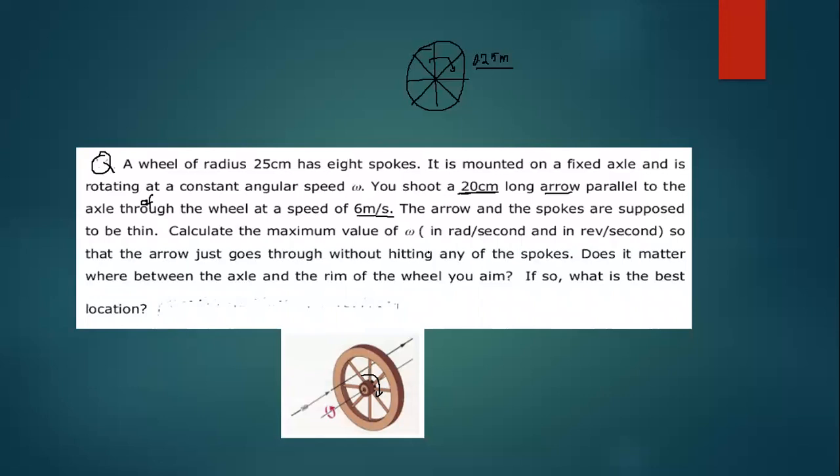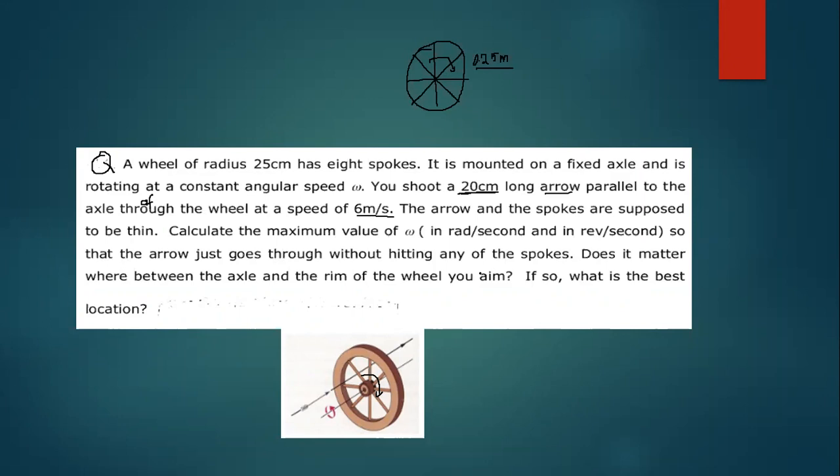Calculate the maximum value of omega, the angular velocity in radians and in revolutions, so that the arrow just goes through without hitting any of the spokes. And does it matter where you actually throw the arrow?